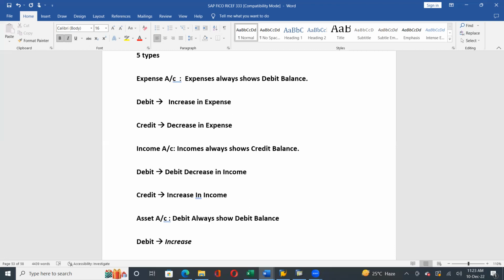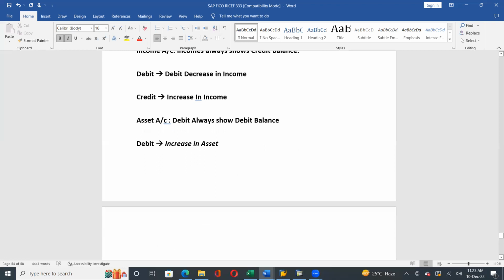I'll explain it: debit increase in asset, credit decrease in asset. If an asset is decreased, we are selling the asset, a building, right?